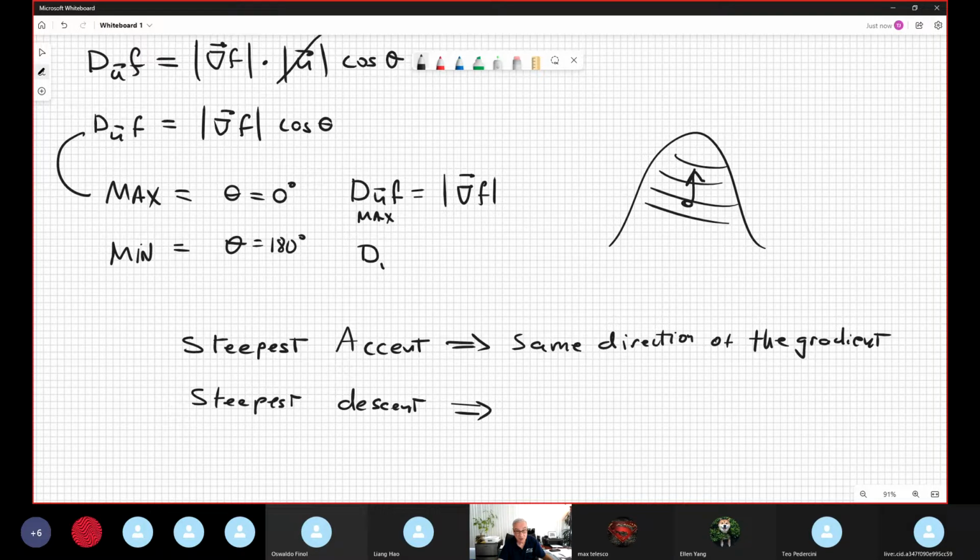The directional derivative in that direction is minimum, equal to minus the magnitude of the gradient, because cosine of 180 degrees is negative 1, no? So the opposite direction, the opposite direction of the gradient.